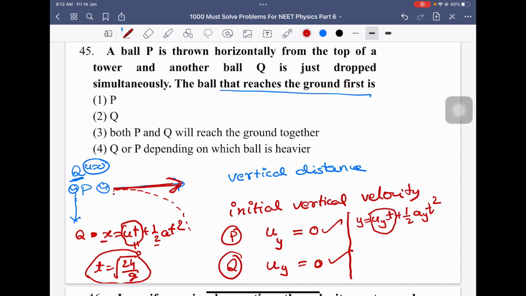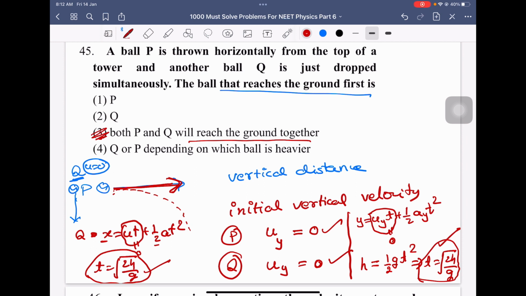So what is the vertical displacement? h. h is equal to half into g into t square. So again here you are going to get t is equal to square root of 2h by g itself. So if you go by mathematics also, in both the cases time required is same. So both P and Q will reach the ground together.